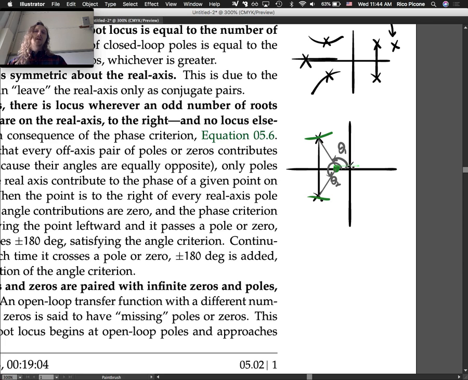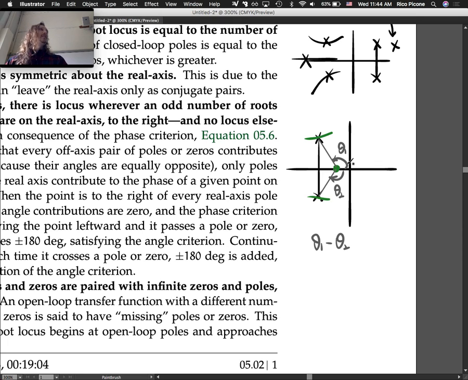So if you add those two angles up, what happens? What do you get? It's a little easier to see if you called this theta 2, I guess. The net angle contribution, if you add them together, is theta 1 minus theta 2.